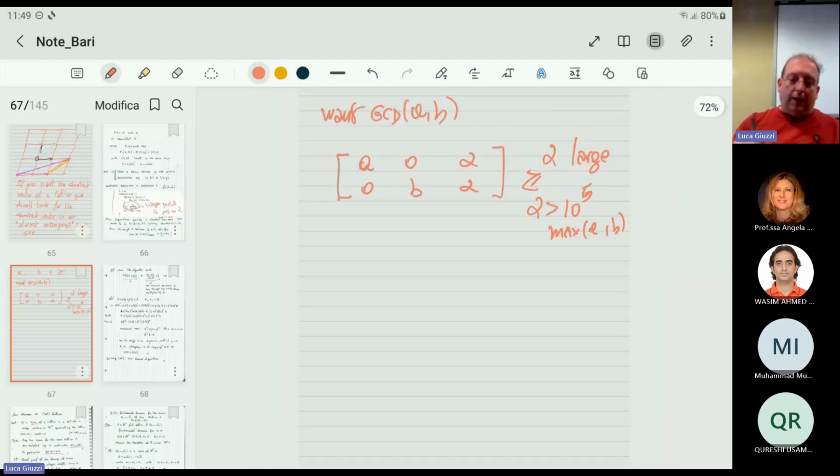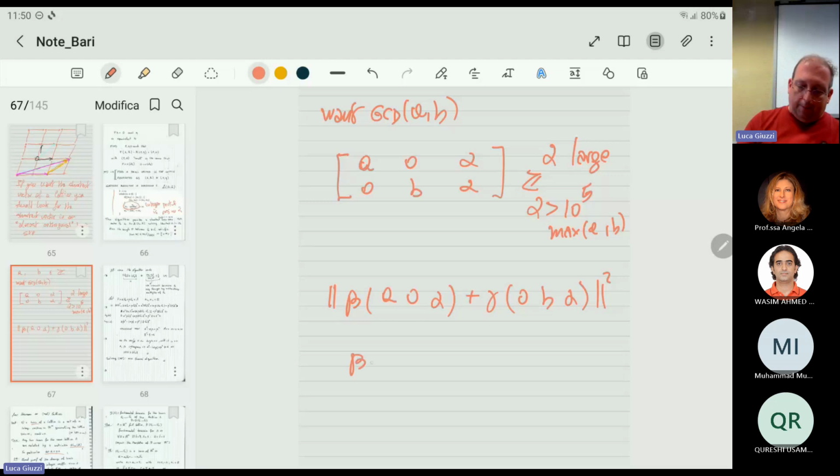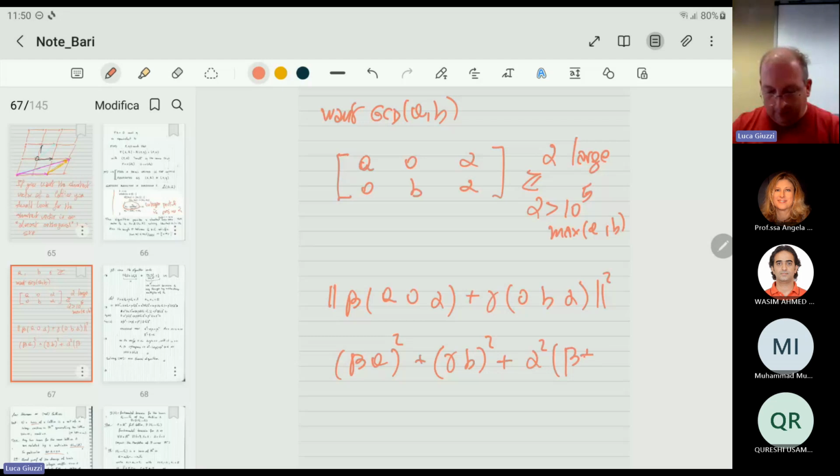If you look at how I've set up these things, the norm of a linear combination, say beta (A, 0, alpha) plus gamma (0, B, alpha), is more or less the norm squared, which is beta A squared plus gamma B squared plus alpha squared times (beta plus gamma) squared.